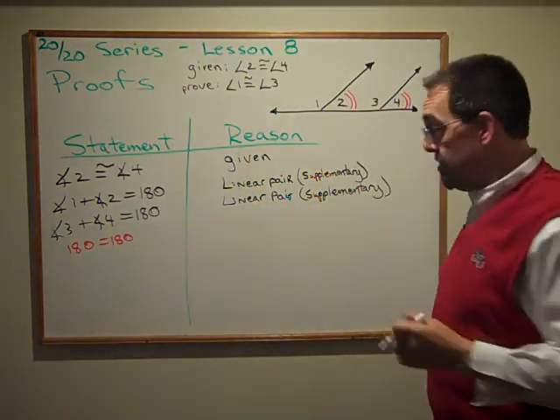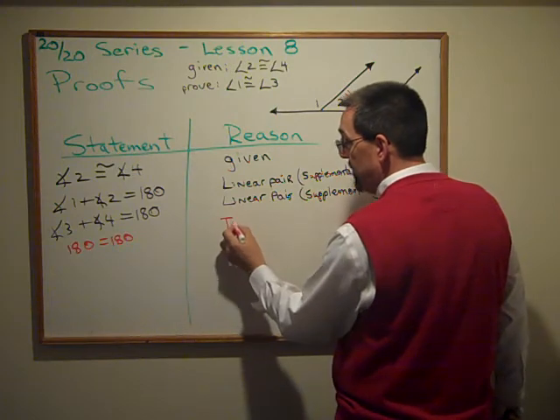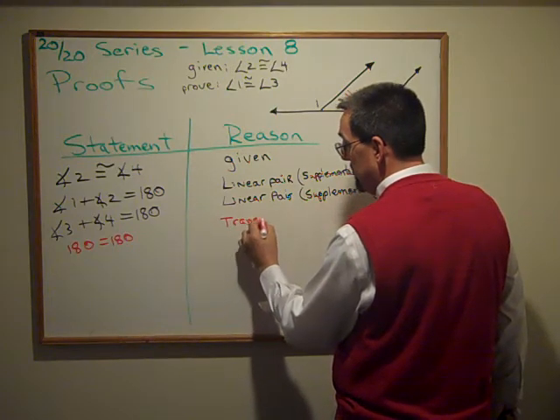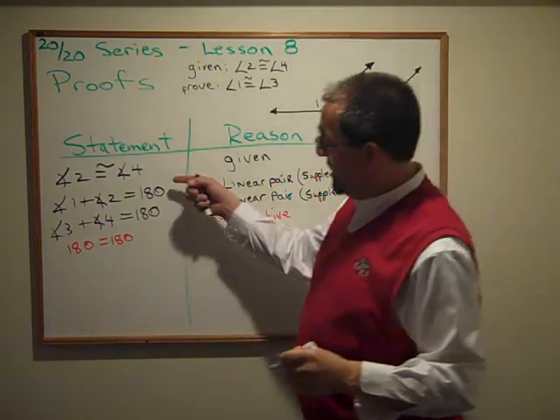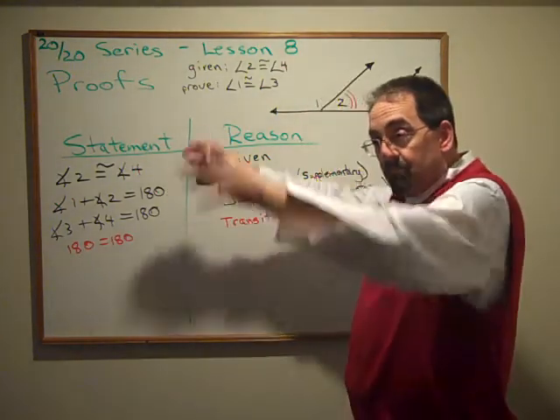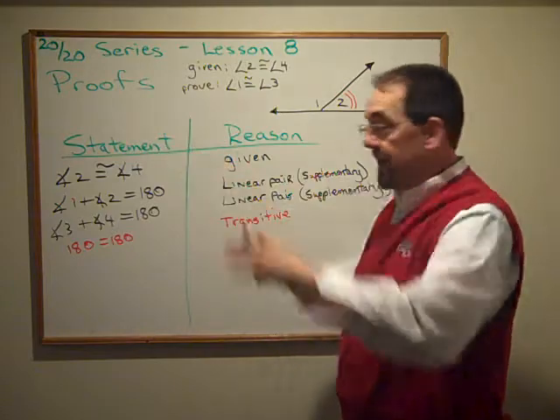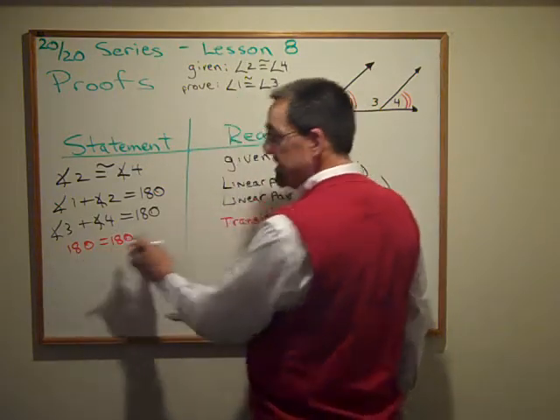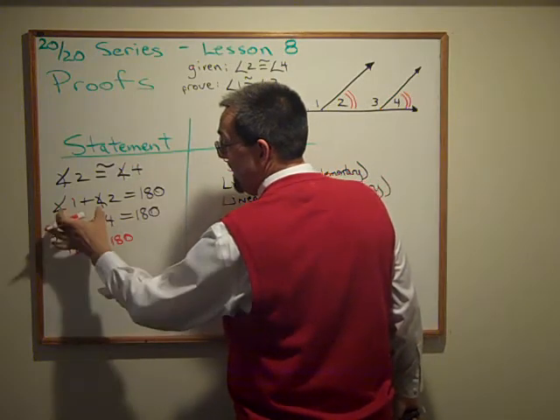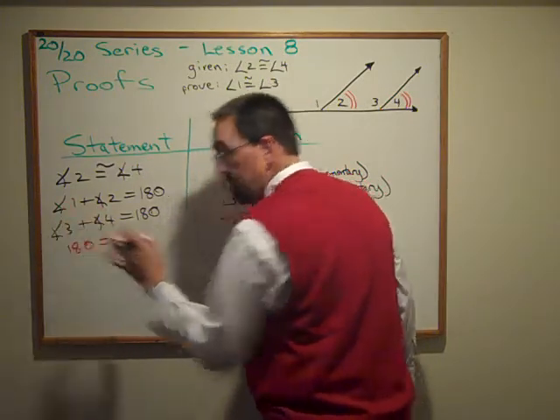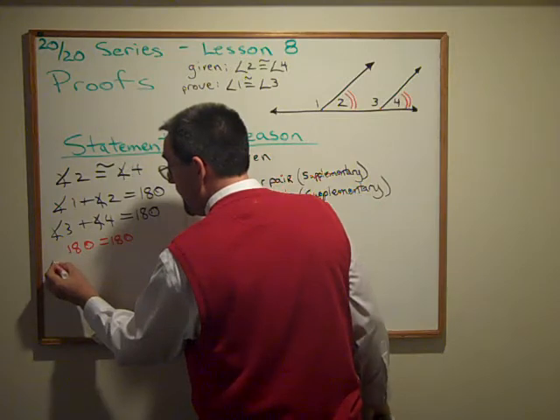180 does equal 180. I'm going to call that transitive. Transitive is whenever you take two equations and put them together, meld them together. 180 is equal to 180. Now, instead of saying that, let's put angles 1 and 2 equal to angles 3 and 4.